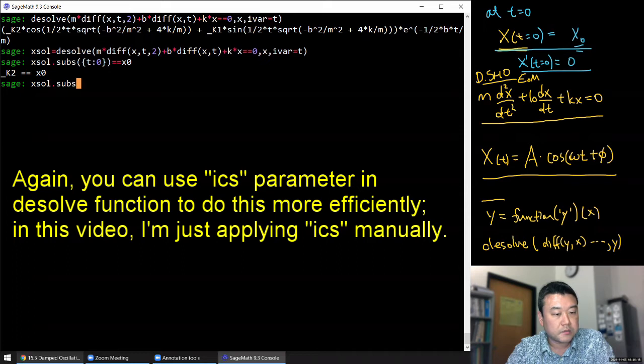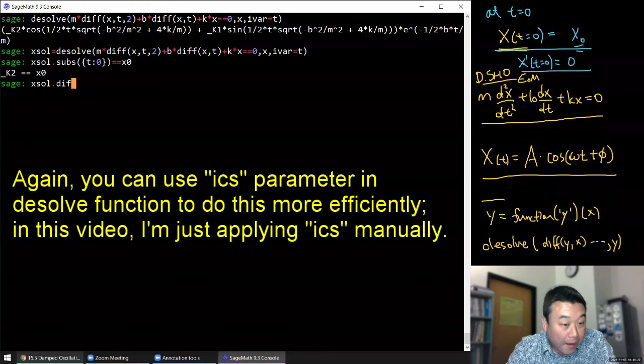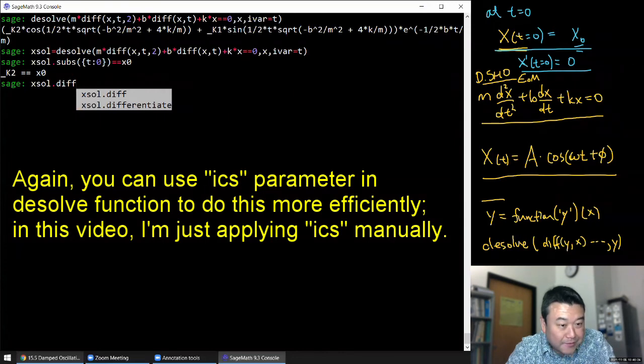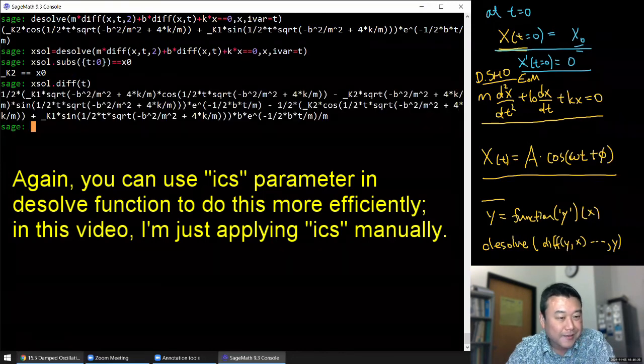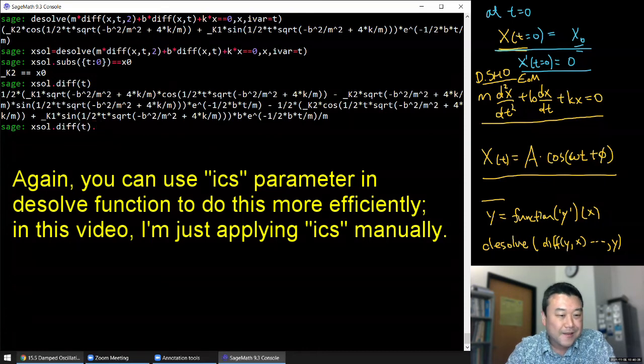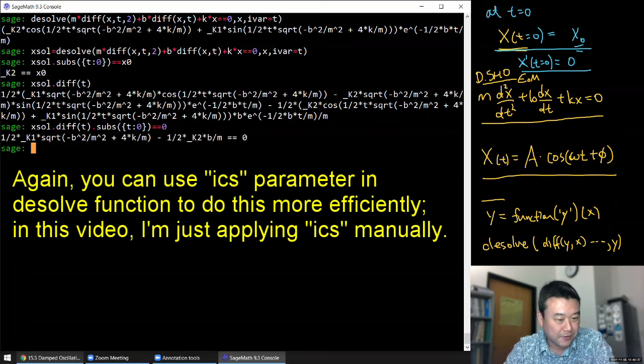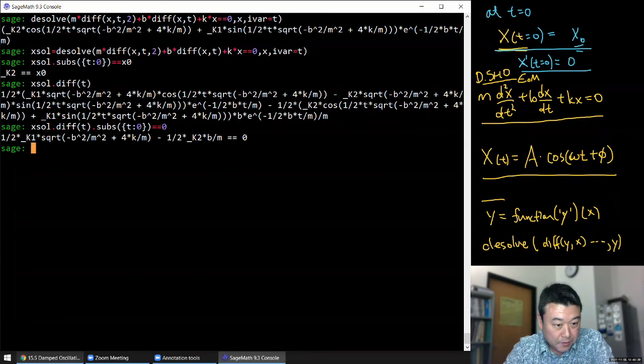And the substitution, wait. Oh, I think I can take a derivative this way. Derivative with respect to t. Then substitute in t equals 0. So this is specifying the velocity at time equals 0 is equal to 0. Oh wow, that's complicated.